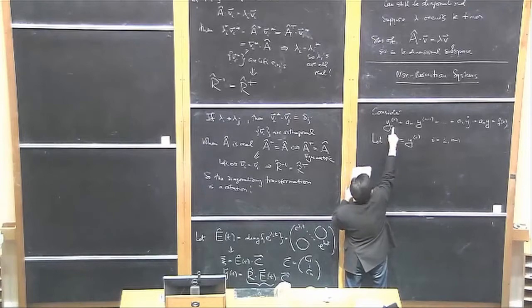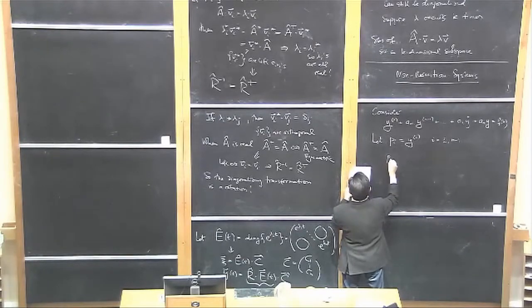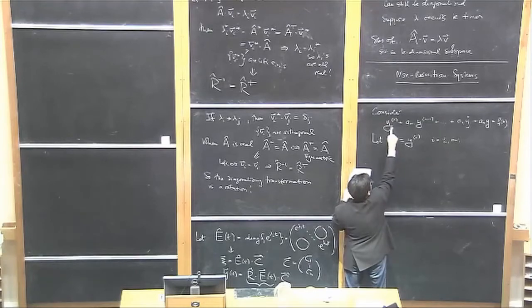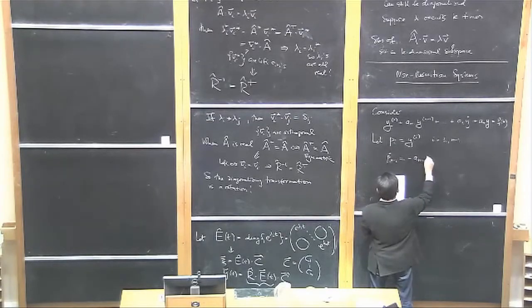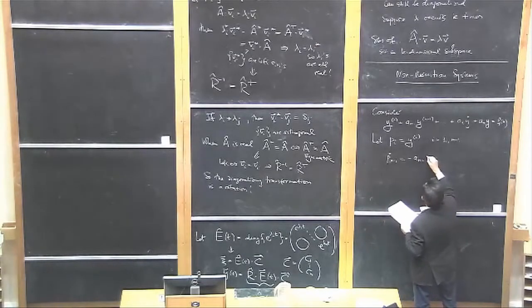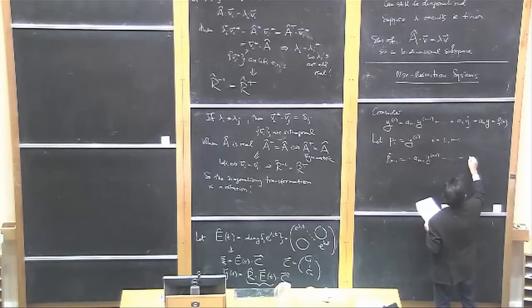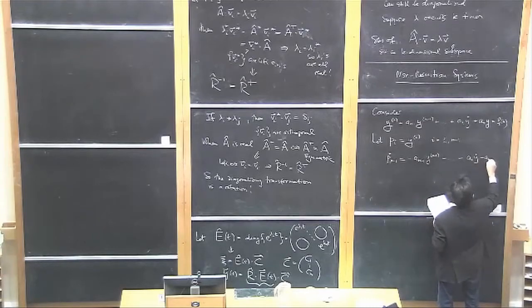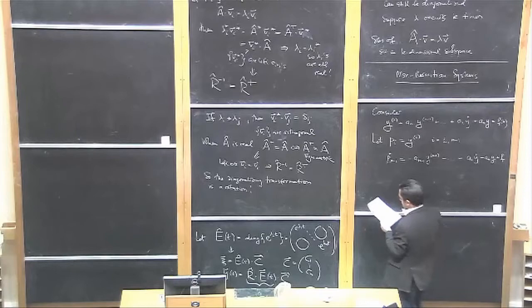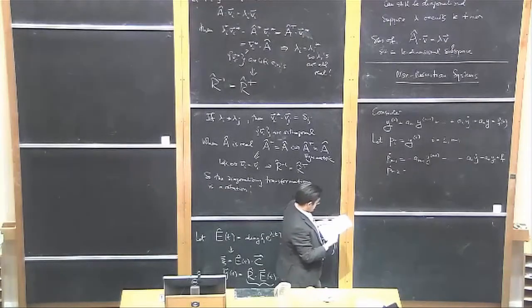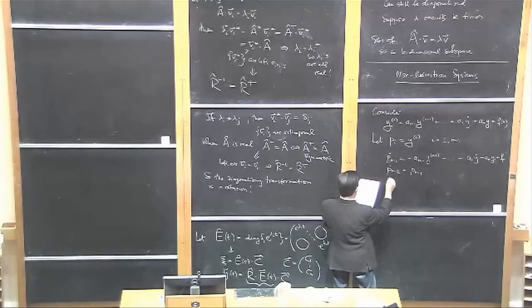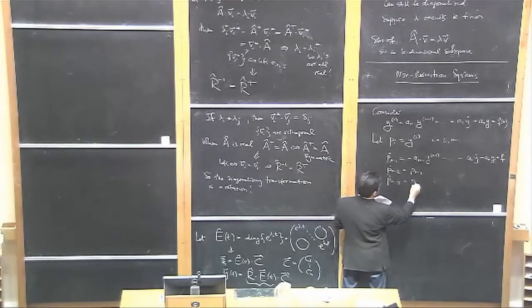So what does this tell me? This tells me that p_(n-1) dot, that's this, is equal to minus a_(n-1) y^(n-1) minus etc. minus a_1 y dot minus a_0 y plus f. p_(n-2) dot, well, that's by definition p_(n-1).